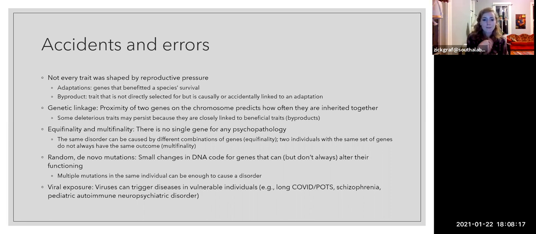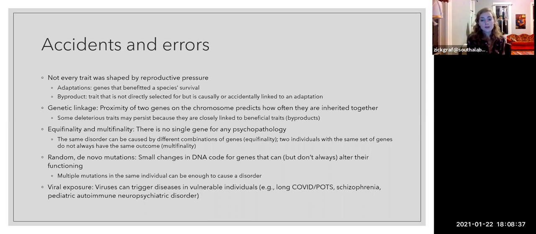So because of that, the same disorder, the same presenting symptoms, could have very different combinations of genetic causes. At the same time, it's true that individuals with similar genetic risk factors could have different symptom outcomes because of the interactions of those genes with the environment or with other genes.